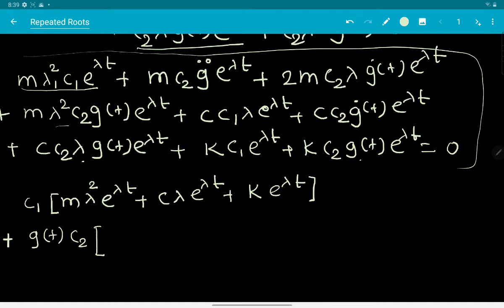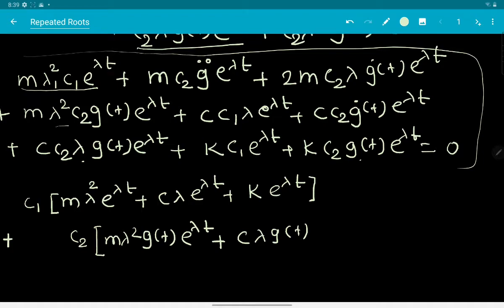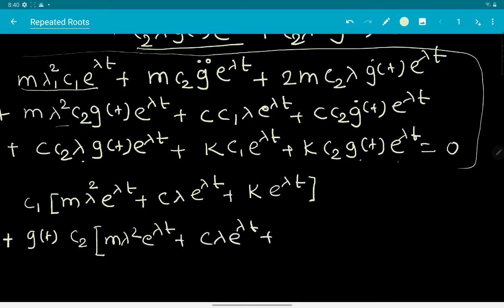So what I'll be left with is m lambda square e raised to lambda t plus c lambda e raised to lambda t plus, this is the last term from which I have taken c2 and g of t out, so I'll be left with k.